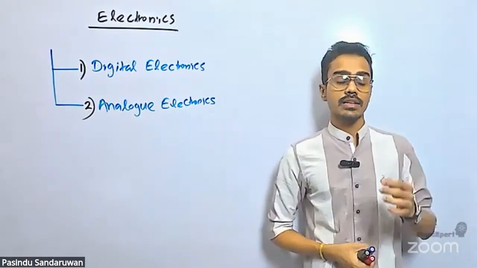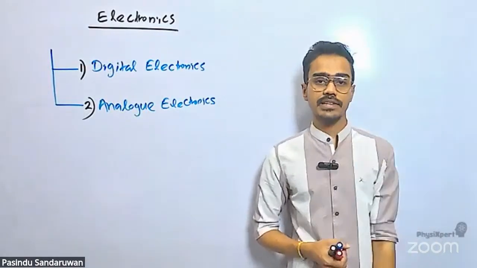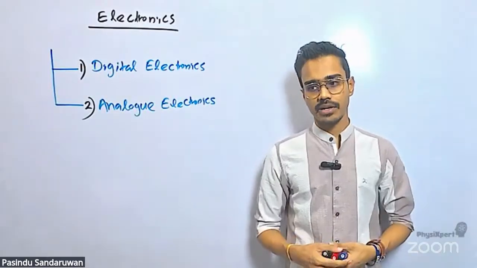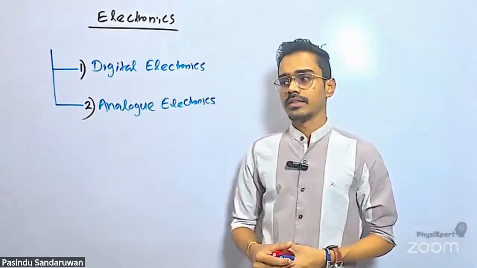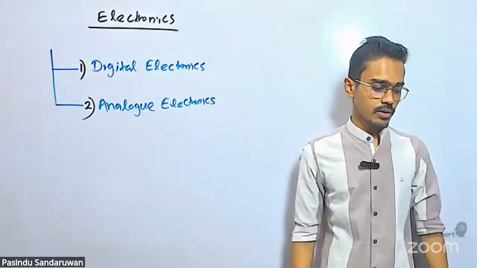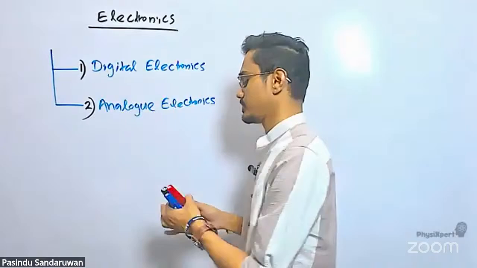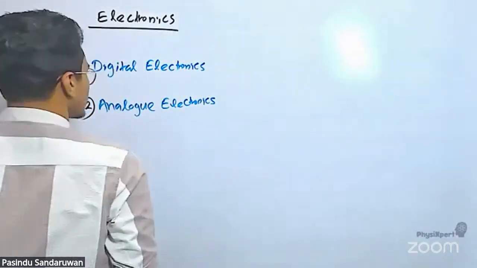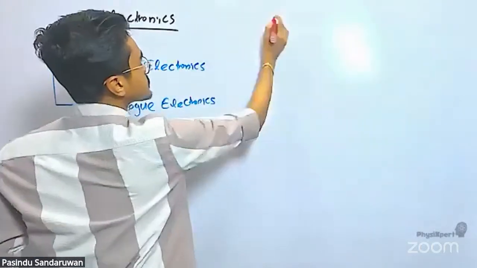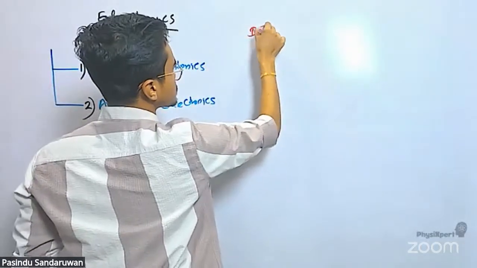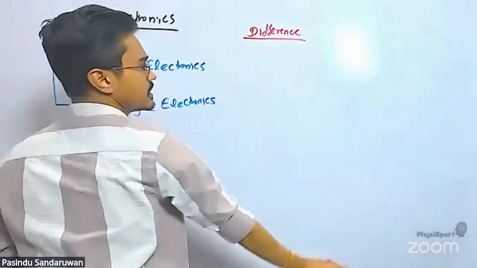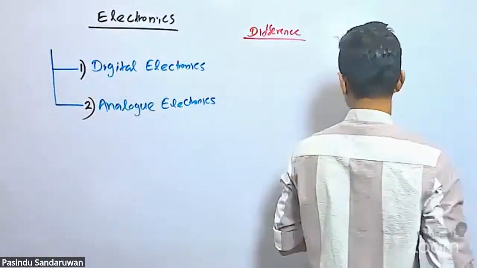Now before digital, write down the difference between analog and digital electronics. The next heading is the difference between analog and digital electronics.